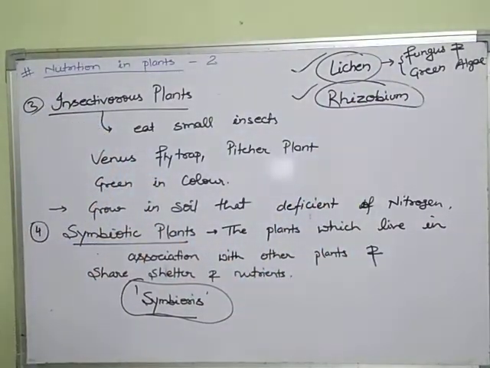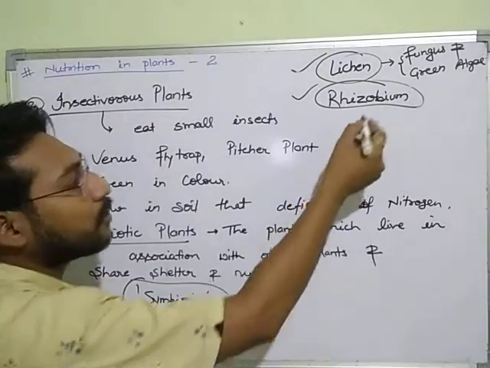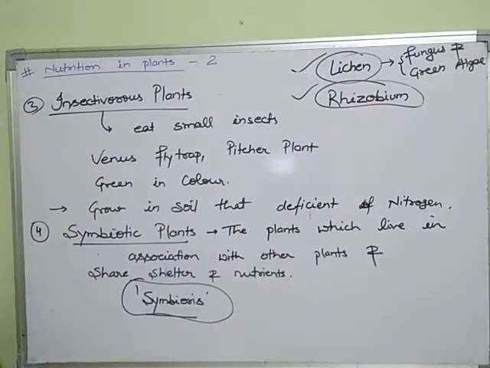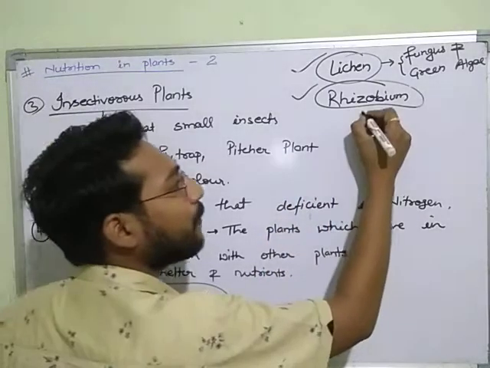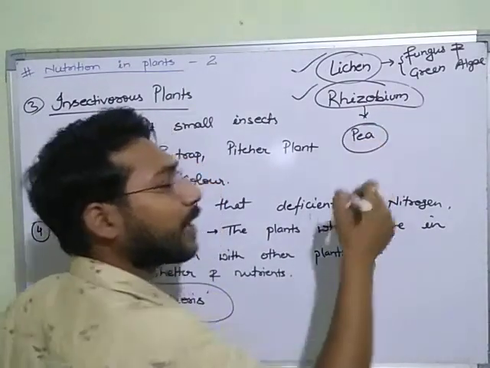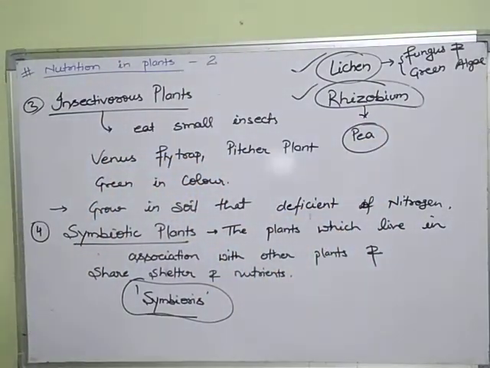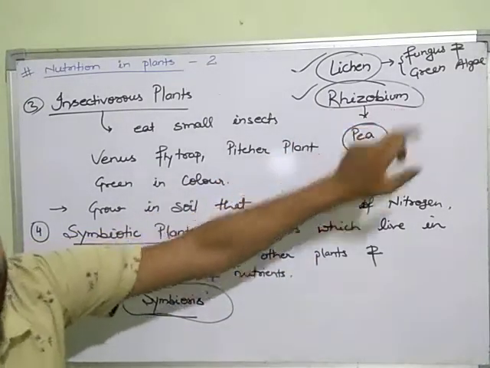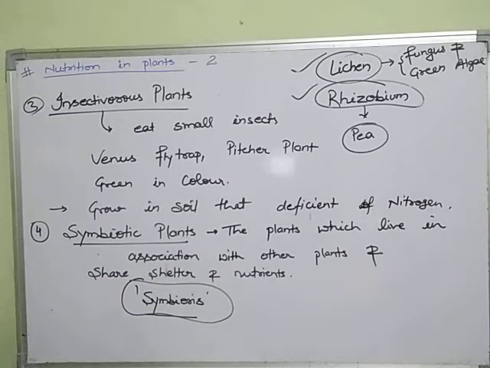Now if I talk about rhizobium, it is a bacteria. The roots of leguminous plants such as pea contain rhizobium bacteria. Rhizobium converts atmospheric nitrogen into a usable form for the plants.